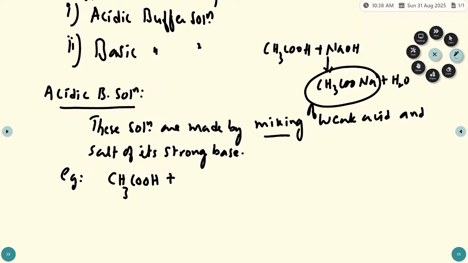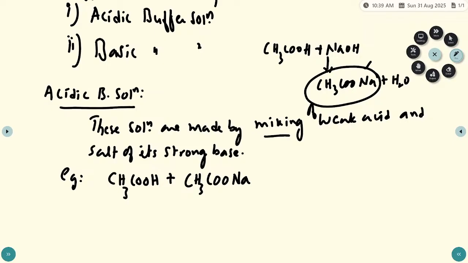Mixing of weak acid and salt of its strong base, CH3COONa. So the mixture of CH3COOH and CH3COONa is known as acidic buffer solution.